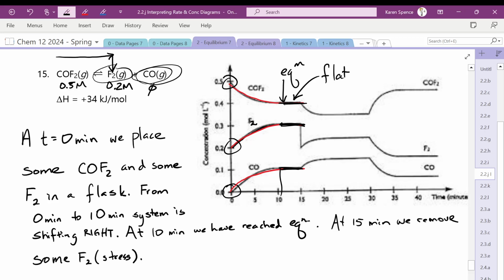So we should be making F2. Are we making F2? Yes, we are. The F2 is going up. Are we making CO as we shift to the right? Yes, we are. The CO is going up. Are we using up COF2? Yes, we are. The COF2 is going down.